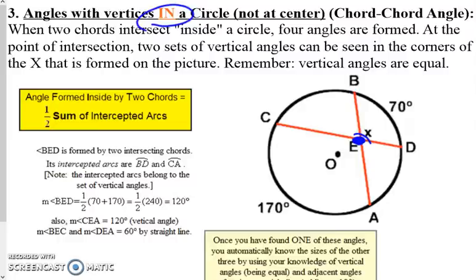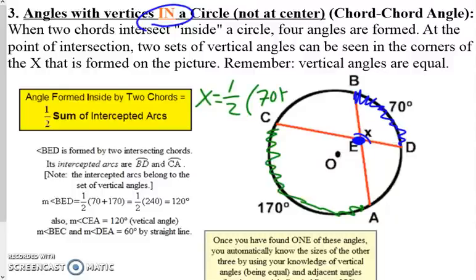If you look at those 2 chords there, they intercept that arc, and they intercept that arc. So to find angle X, you simply take 1/2 of the sum of those 2. So X would be 120 degrees.